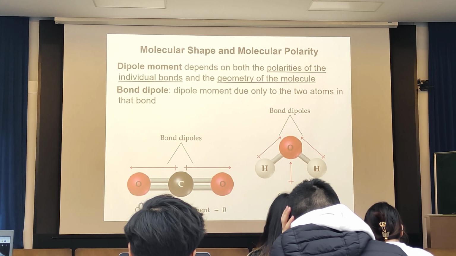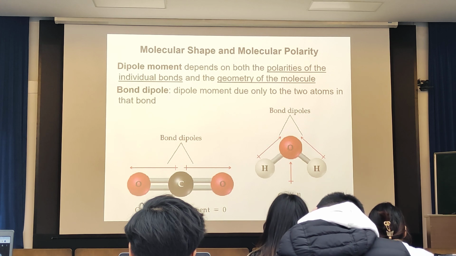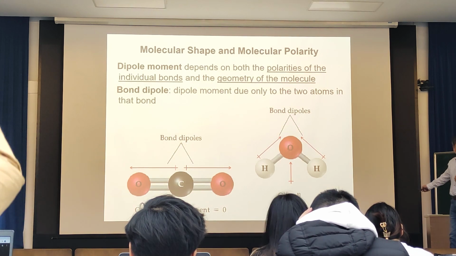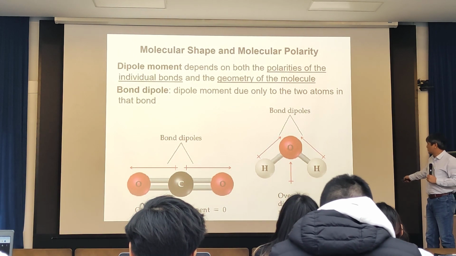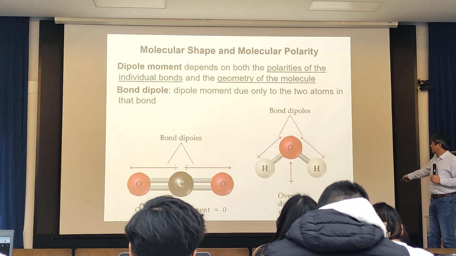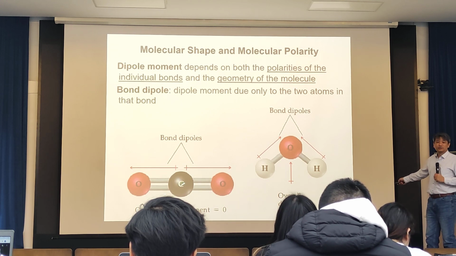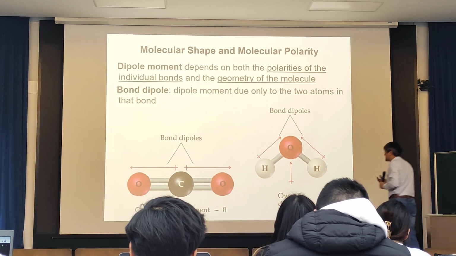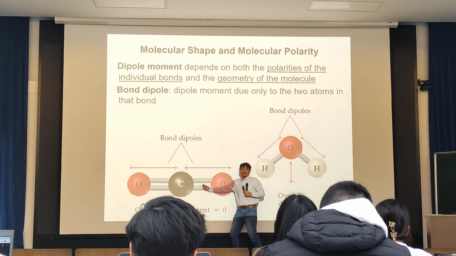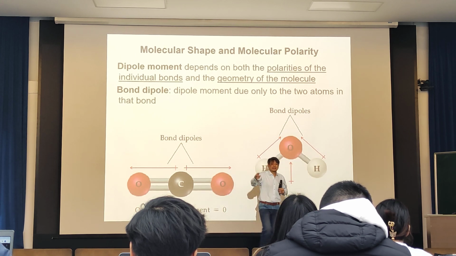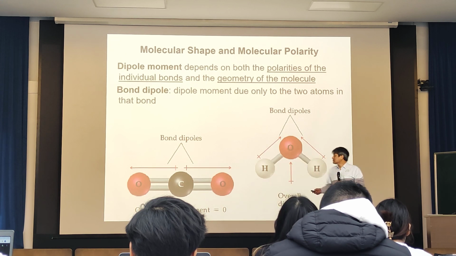Okay? And so here you have carbon and oxygen. They have different electronegativity, so you have a bond dipole, right? Normally for the dipole, you put the arrow direction from the lower electronegativity to the higher electronegativity, representing the way that the higher electronegativity atom attracts electrons. Okay, so that's the concept.